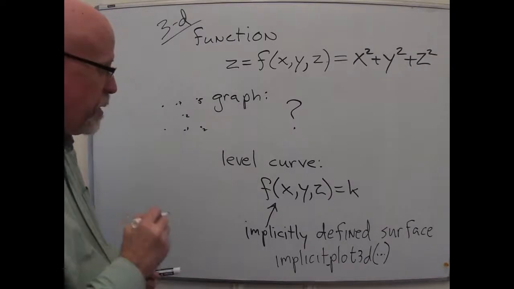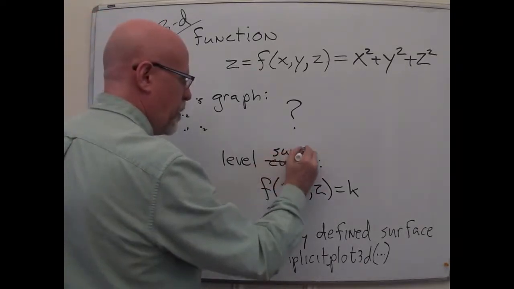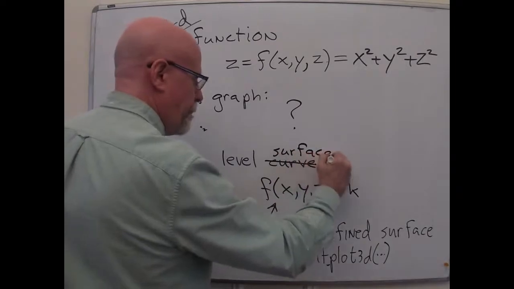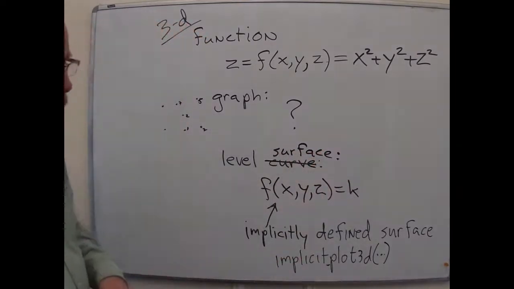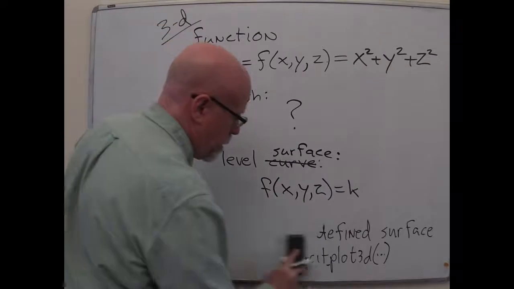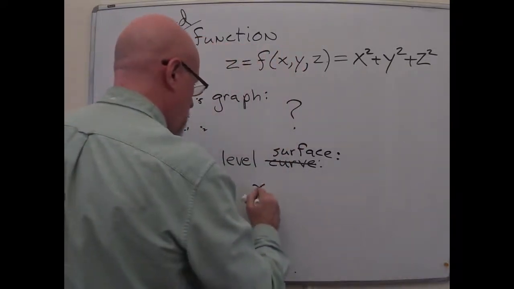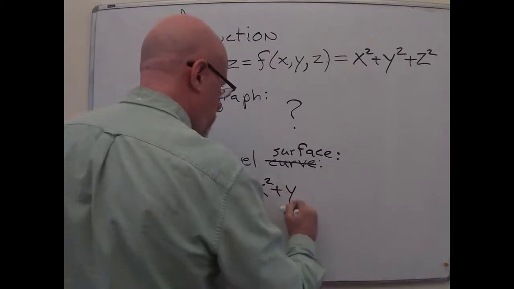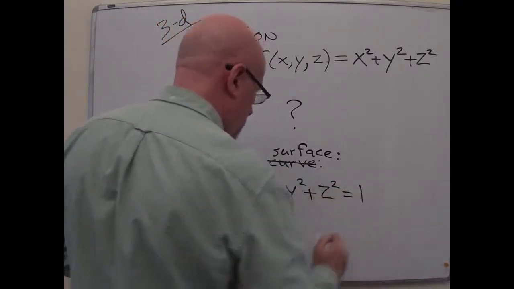But the level curves, darn it, I really should have changed that word to surface when we moved to 3D. The level surface, well, can we think about what x squared plus y squared plus z squared equals a constant is? Let's do just a particular number. How about 1?